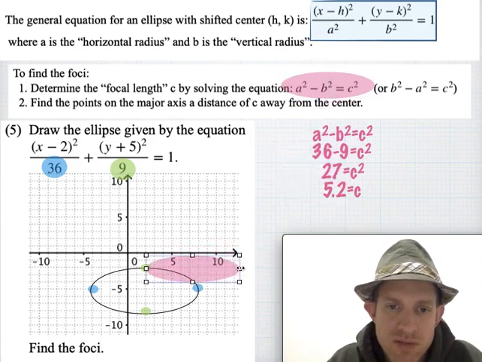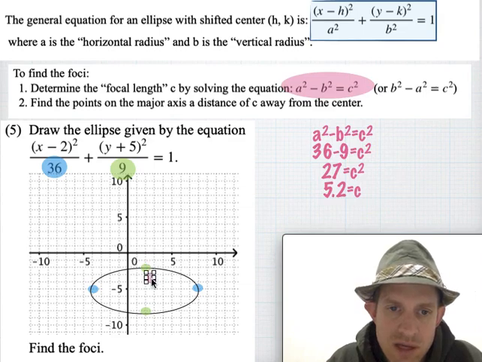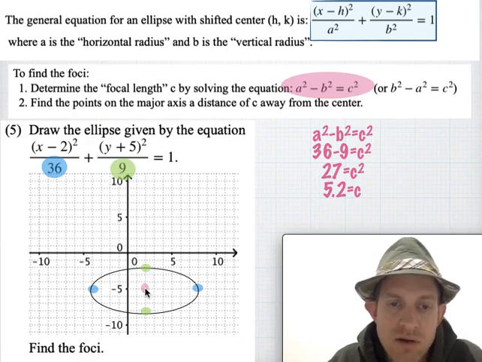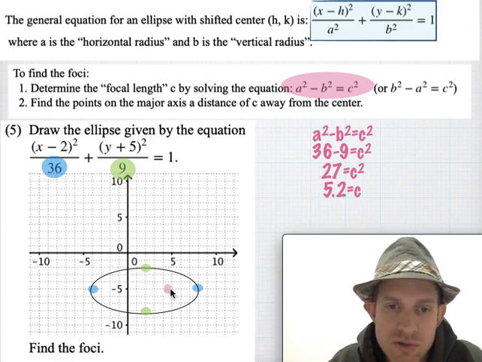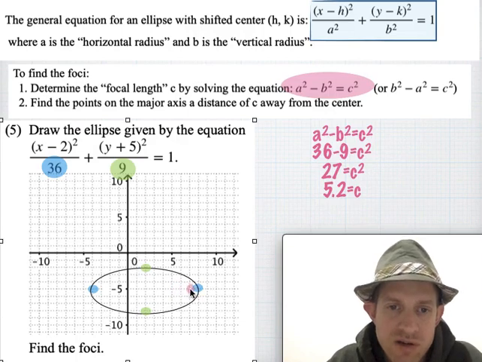So let's make a little tiny dot here. And to find them, we have to take the center and go left or right 5.2 units from there. So 1, 2, 3, 4, 5.2 puts us almost to the edge. And if we go in the opposite direction, 1, 2, 3, 4, 5.2, that puts us at about here.